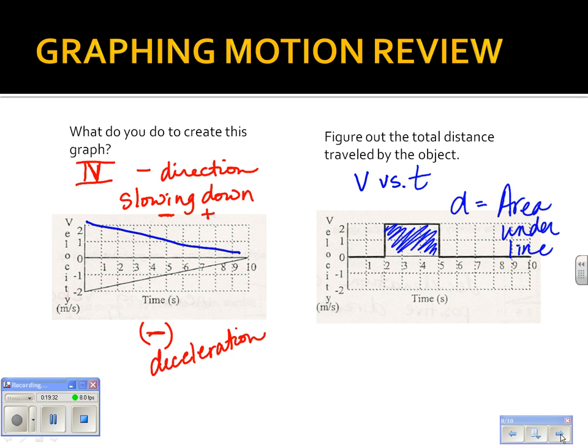Since it's a square, I'm going to just do base times height. That equals my distance. My base here is going to be from 2 to 5, which is 3 seconds. My height here is 2 meters per second, which allows me to cancel out my seconds when I multiply these, and I get 6 meters.